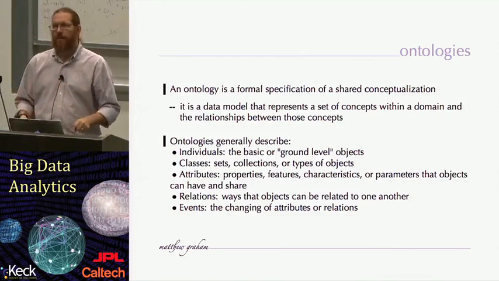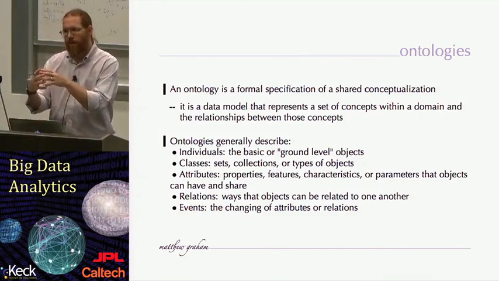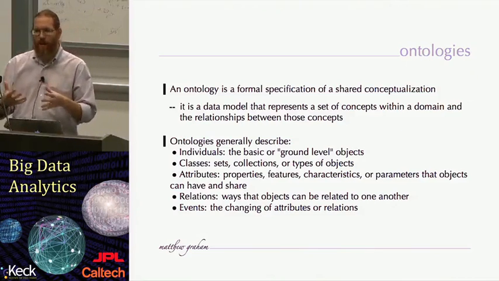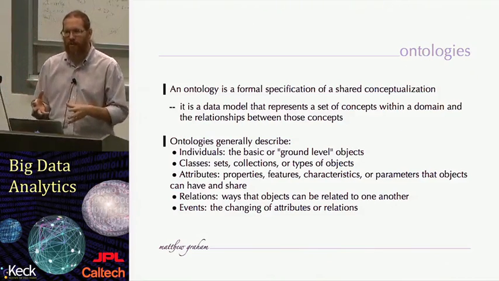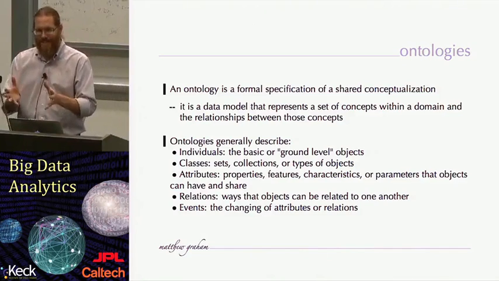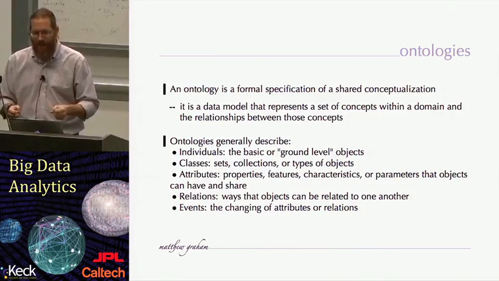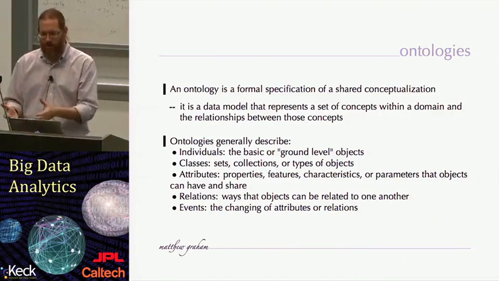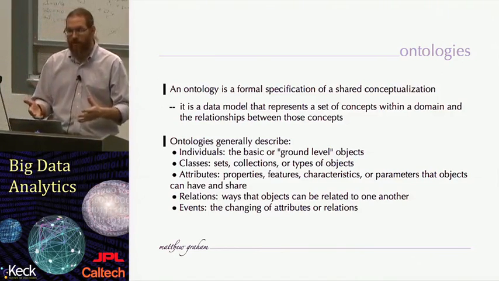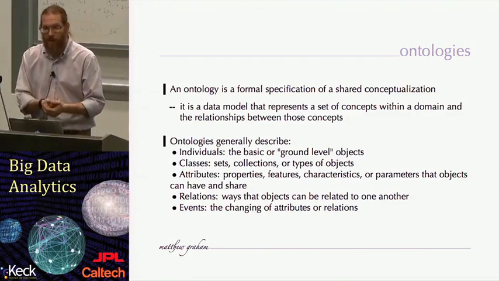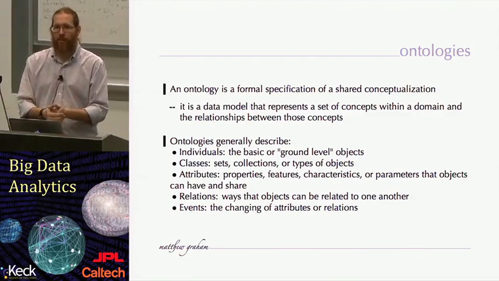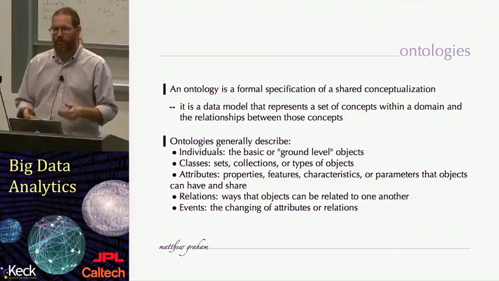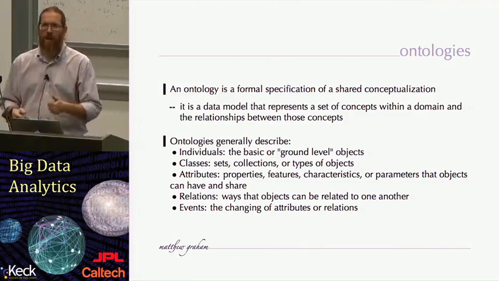What that means is that you have an agreed set of ideas of what the knowledge base for a particular domain or subdomain is, and that's how you are expressing it in a machine-processable way, and that's called an ontology. So it's essentially a data model that represents a set of concepts within the domain and all the relationships between those concepts. An ontology allows you to define arbitrary relationships, arbitrary properties, arbitrary concepts.